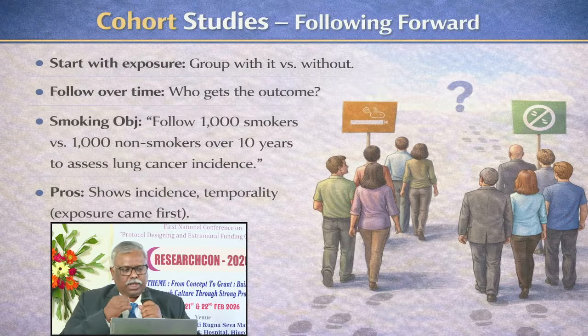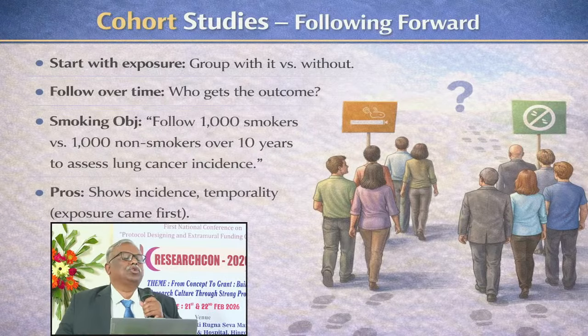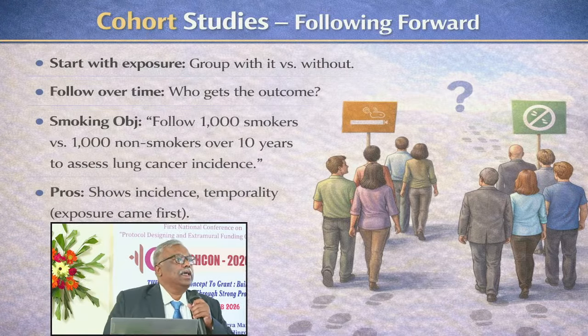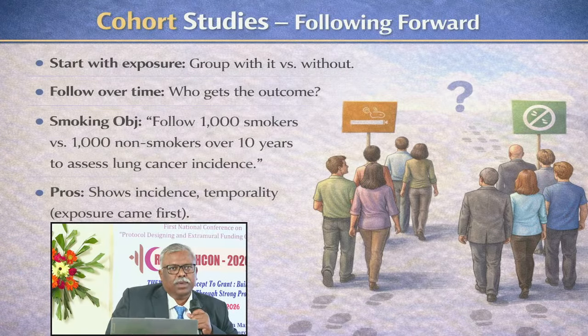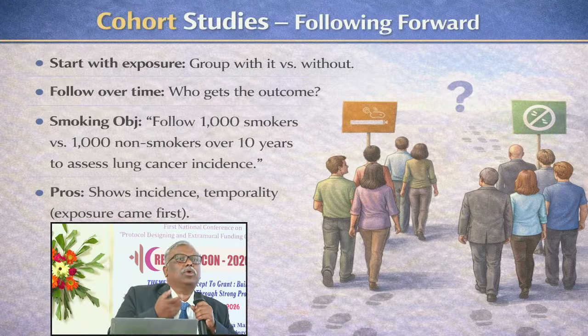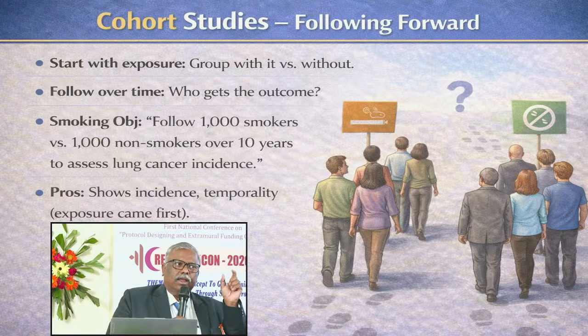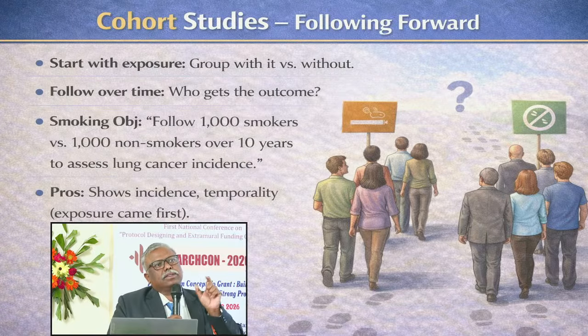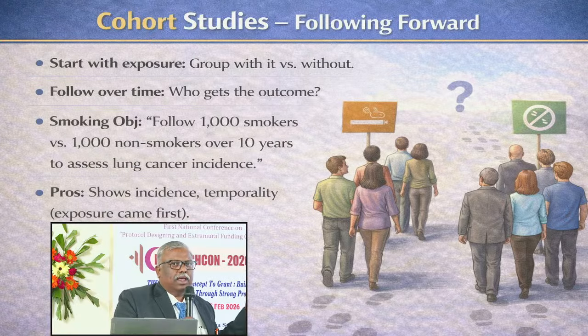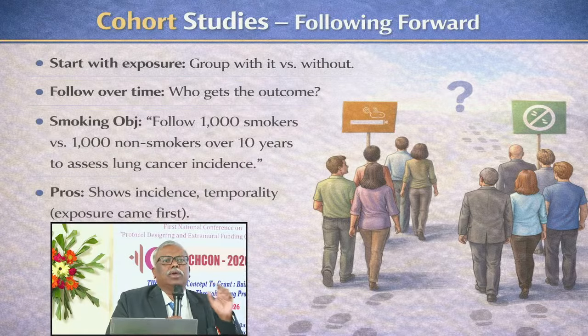For our research, they should go for smoking. It is not available. This study will show the incidence. Incidence means only new cases, the appearance of new cases. In prevalence, what we learned, it is the addition of old cases and new cases. But incidence means only new cases.